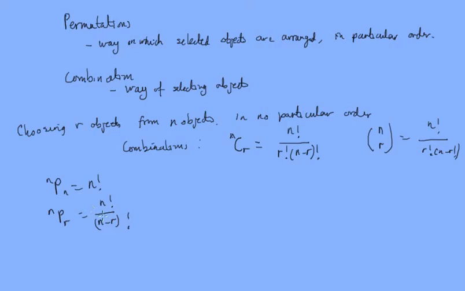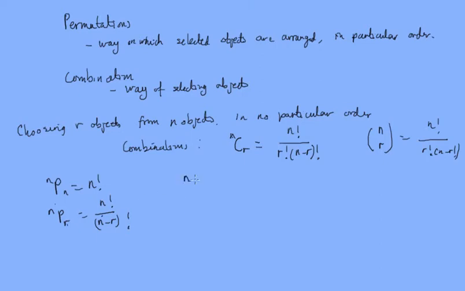So this is the permutations for R objects from N distinct objects. With this, we can have a wee look at how these are related.